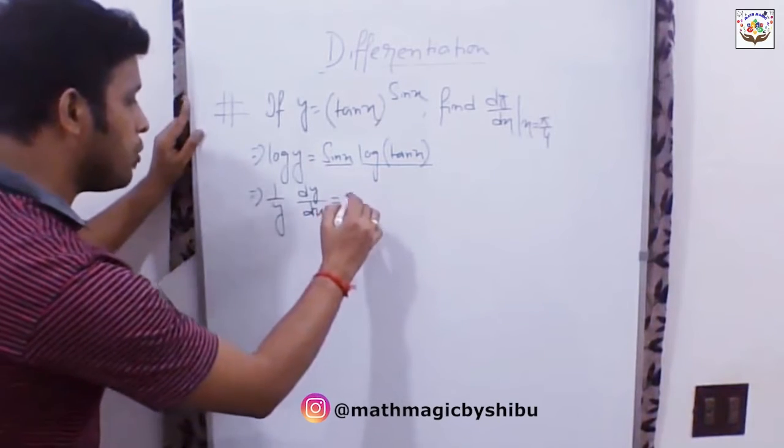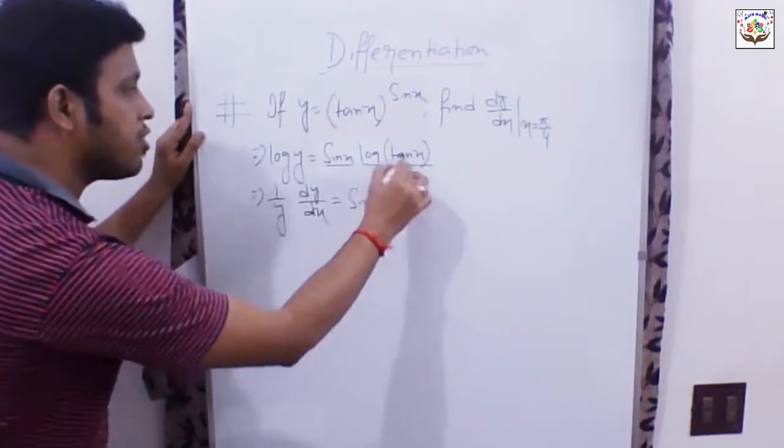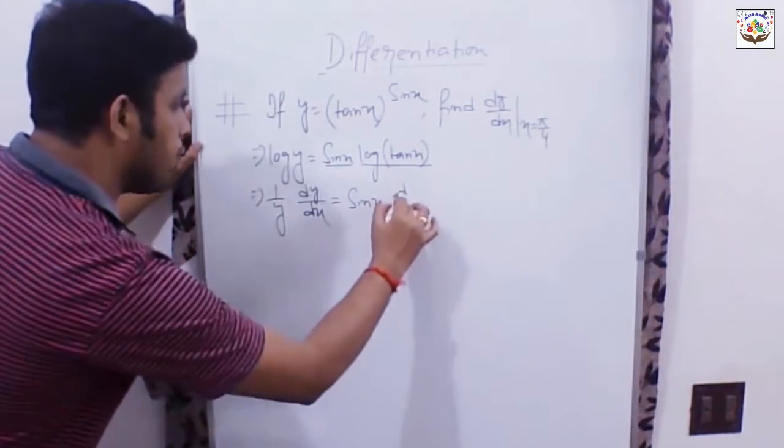As you know, in this formula, sin x constant, d/dx of log tan x, plus log tan x constant, d/dx of sin x.